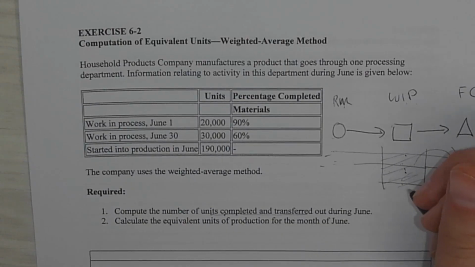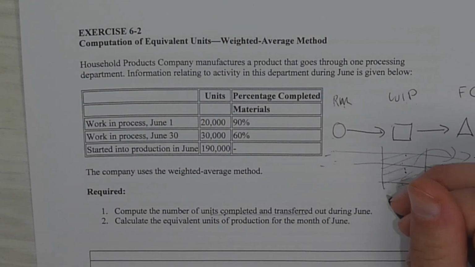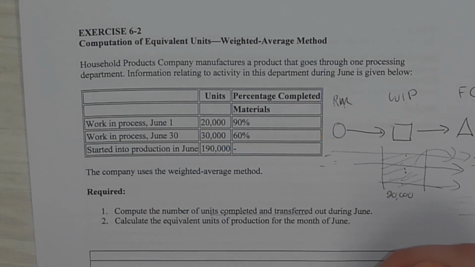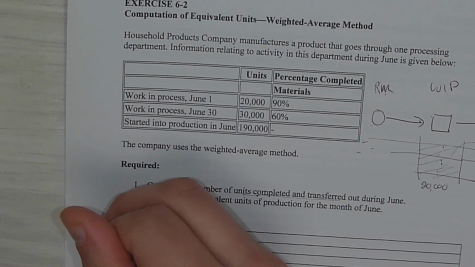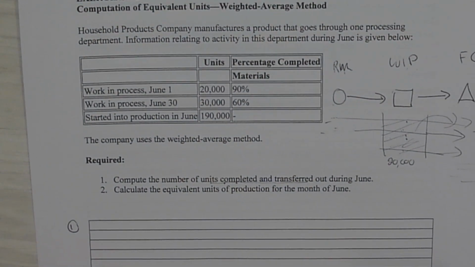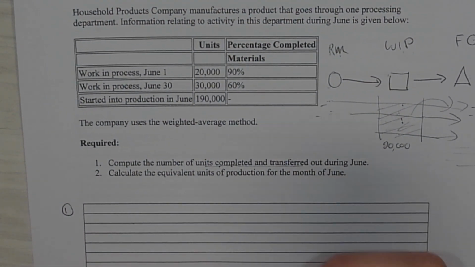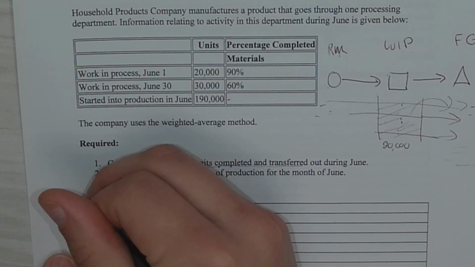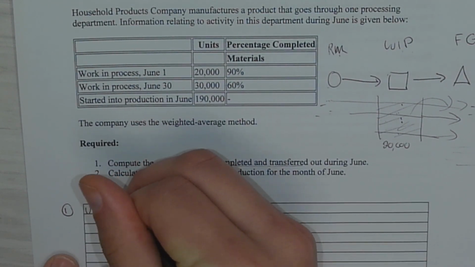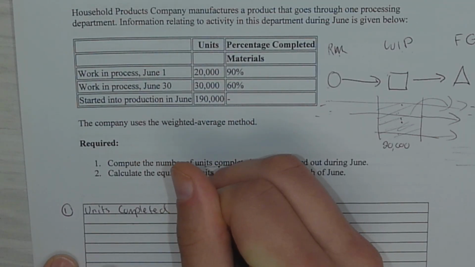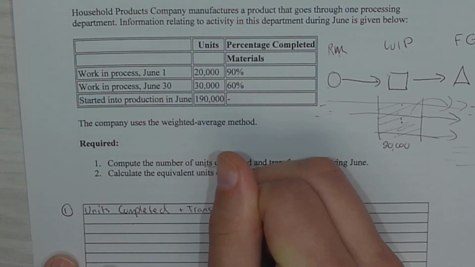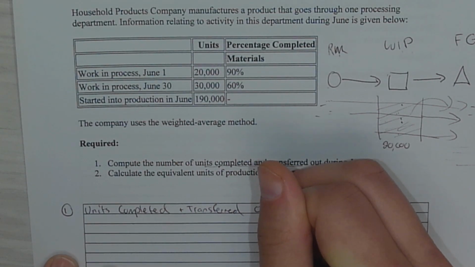Well, we started with 20,000. That's what we started with. And this is question 1. We're trying to determine our units completed and transferred out.